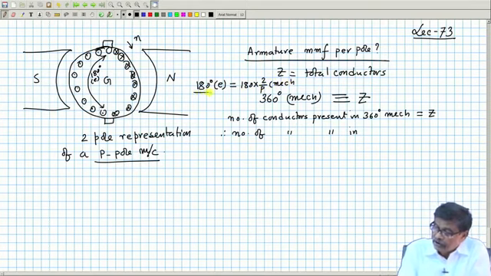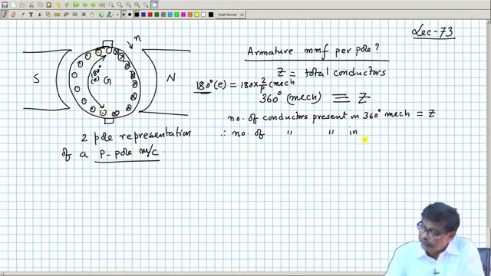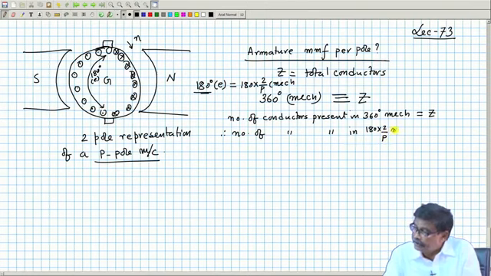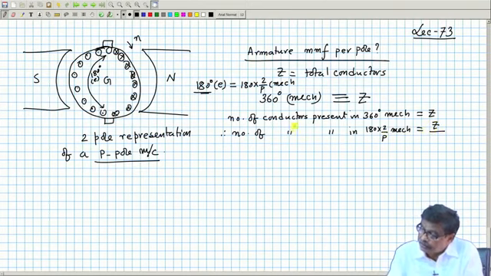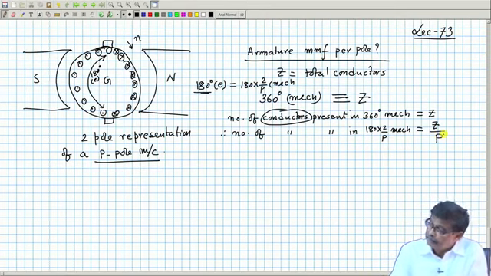So, over 180 into 2 by P mechanical degrees, how many conductors will be present, which will be equal to Z by P conductors, mind you, this should be highlighted. Okay, this is the thing.